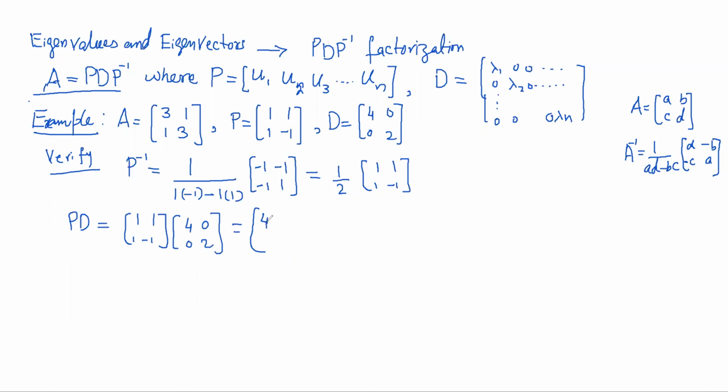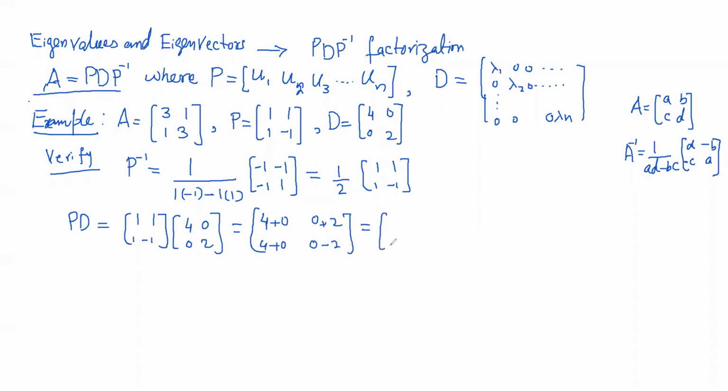So that will be 0, plus 0. Okay. Then it is 1 into 0, 0, 1 into 2, 2. And then 1 into 4, that is 4, and minus 1 into 0 is 0. And this will be 1 into 0 is 0, plus minus 1 into 2, minus 2.